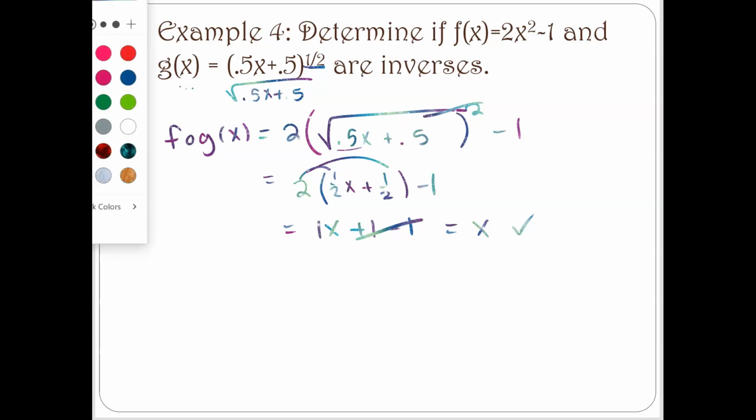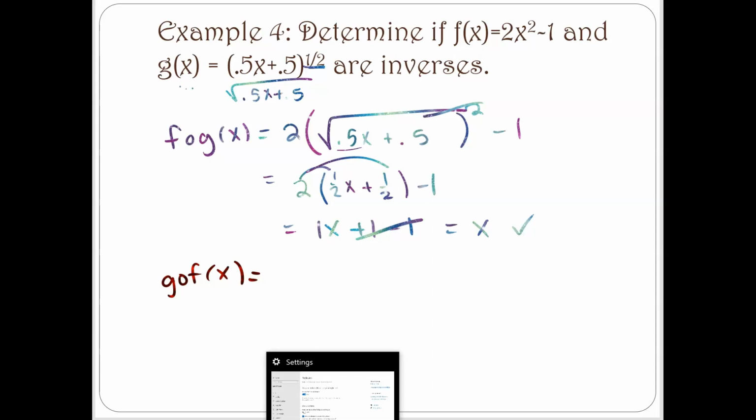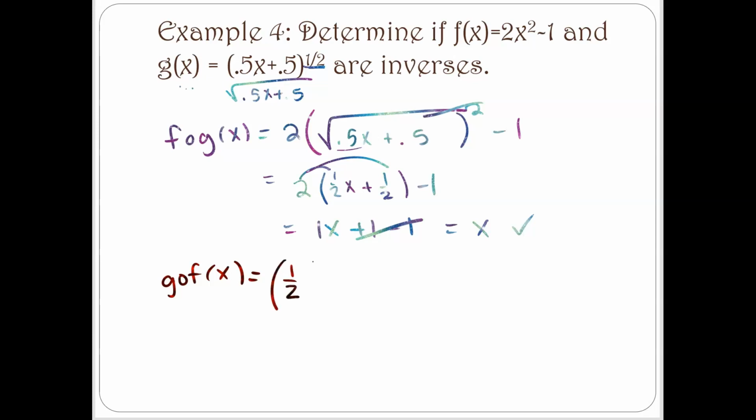But we aren't done. We have to prove then that g of f is also equal to x. Once you get one, you have to prove the other, but if you get something that isn't x, you're just done. Okay, so g of f, we're going to plug f into g. So we have 1/2 times (2x squared minus 1 plus 1/2) all to the 1/2 power. We're going to distribute our 1/2 in.